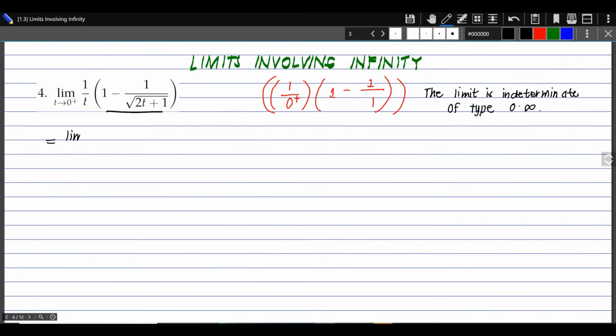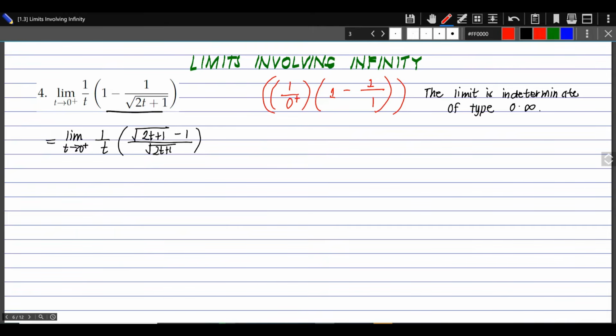So this is equal to the limit of 1 over t times the square root of 2t plus 1 minus 1 all over the square root of 2t plus 1 as t goes to 0 from the right.